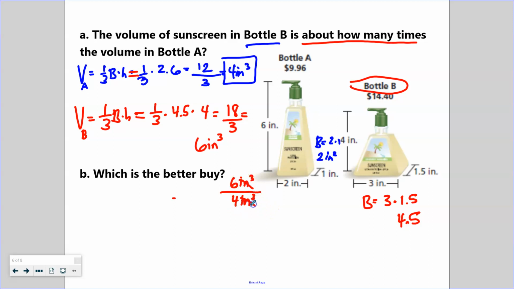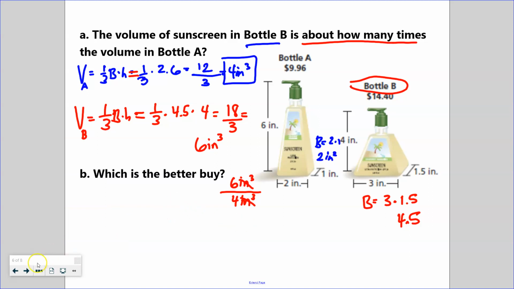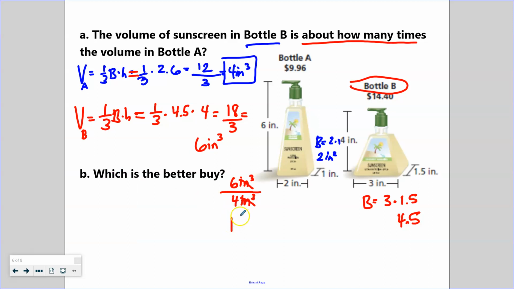So these units cancel out automatically. So how many times do we make 4? One group of 4, and we have 2 fourths left over, which would be 1.5.